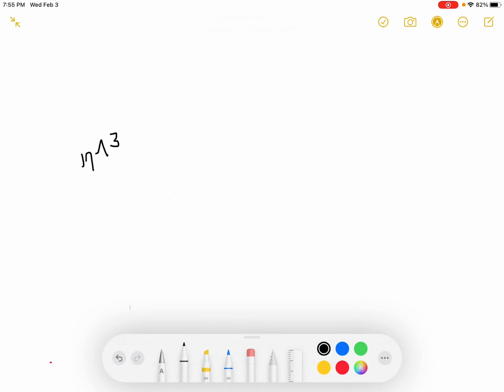So if we have 2 cubed, that means you're going to multiply 2 by itself 3 times. So 1, 2, 3. 2 times 2 is 4. And then bring this down here. 4 times 2 is 8.